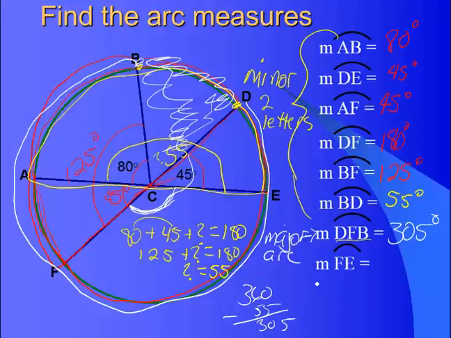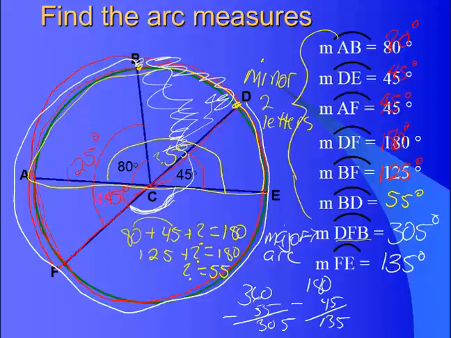So if I subtract that 45 from the 180, I get 135. And there we have them. We found all of our arcs by just knowing two angle measures. So the arc length equals the angle measure of the central angle that makes it.